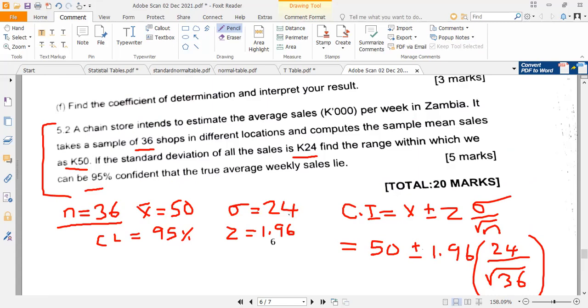5 marks for that. Sometimes examiners will be funny. They'll just say we have a data set of 2, 4, 6, 8 and ask you to find a 98% confidence interval. The confidence interval here is x bar plus minus T times the deviation over square root of n.